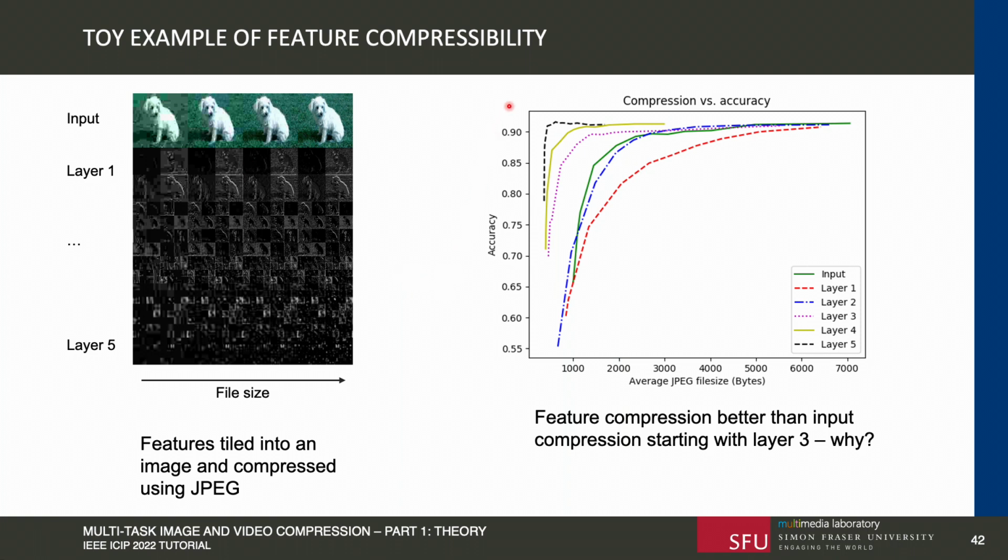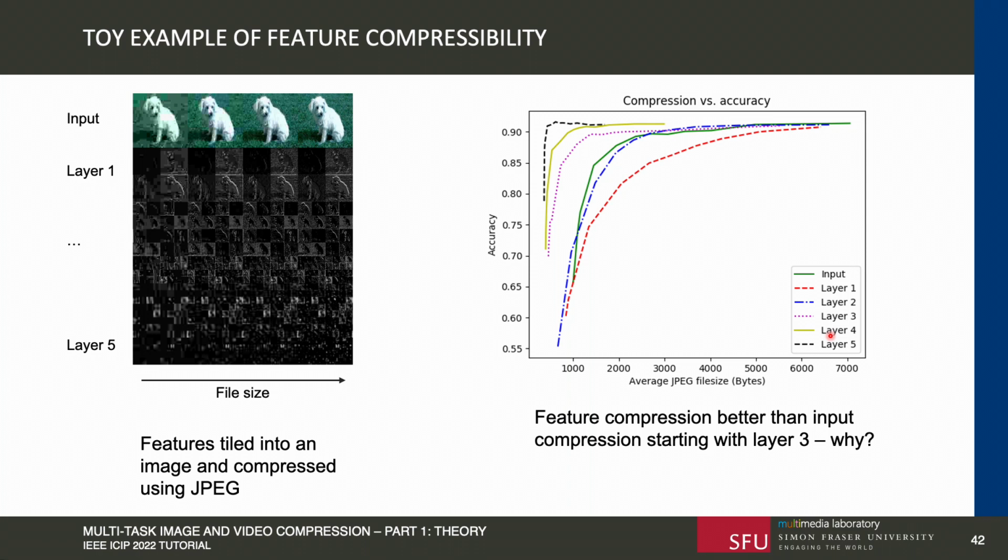And here on the right is a compression versus accuracy, or in other words, accuracy versus rate curve shown for compressing various points. So the solid green line represents input compression. That's the one shown here. And then we have 5 other curves showing the rate accuracy for compressing a particular layer.